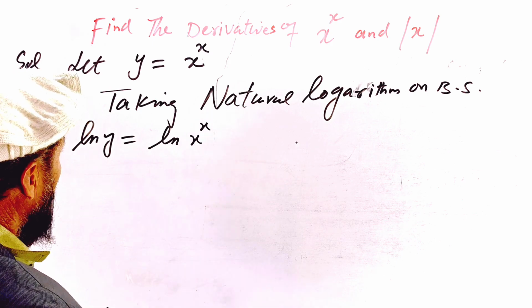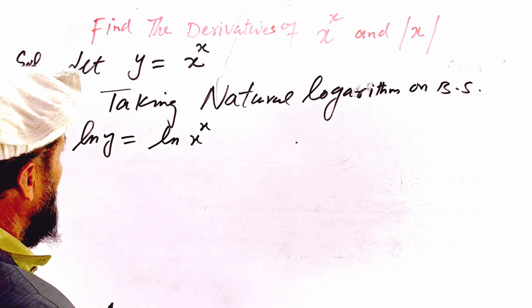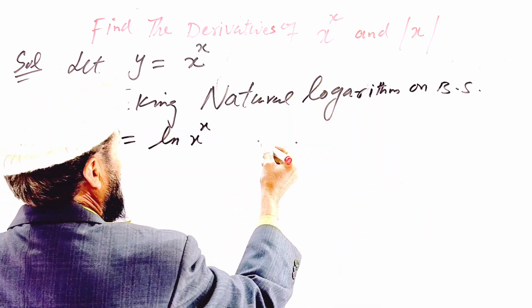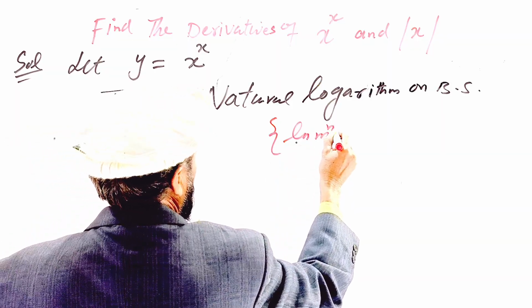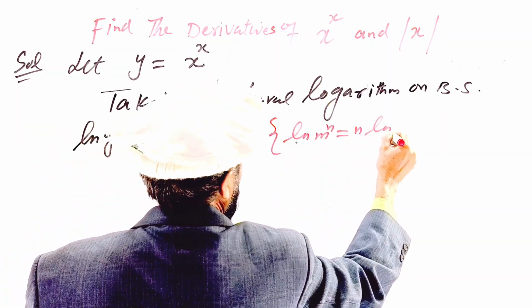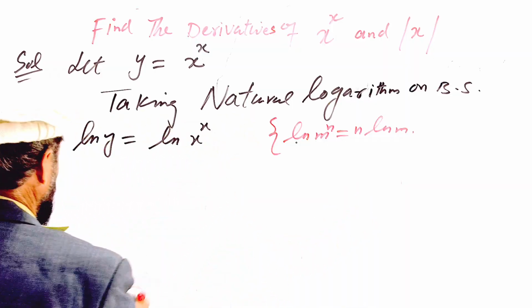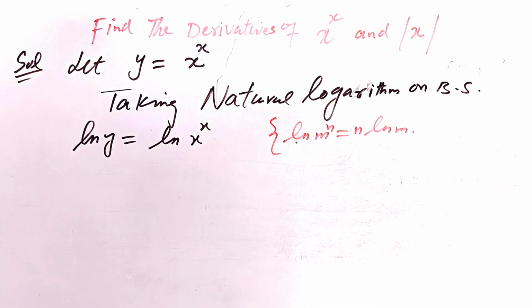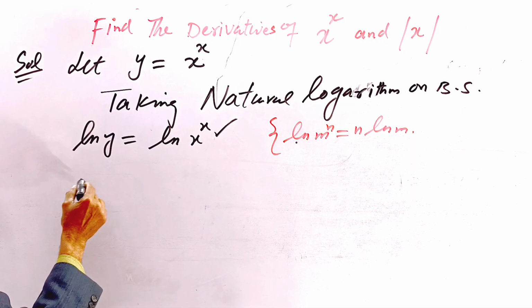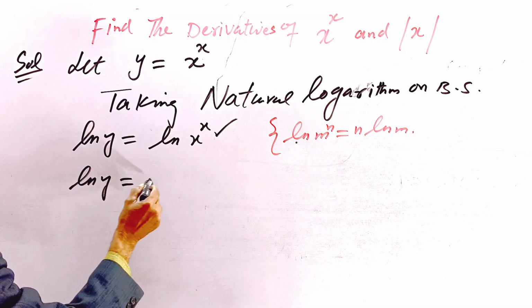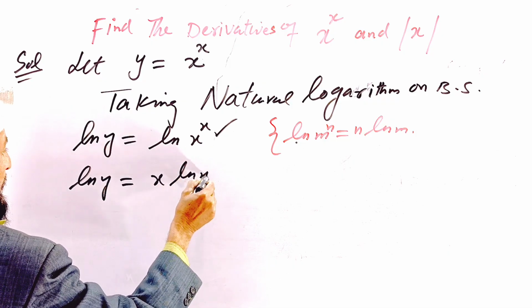Now we use one of the exponent properties: log of m to the power n is equal to n times log of m. According to this property, log of y is equal to x log of x.